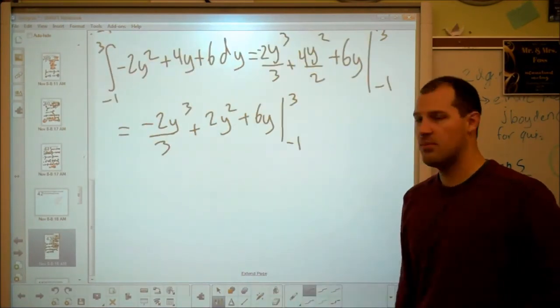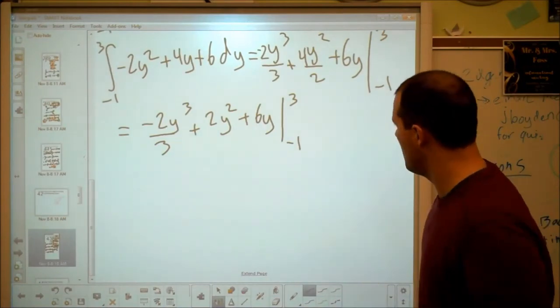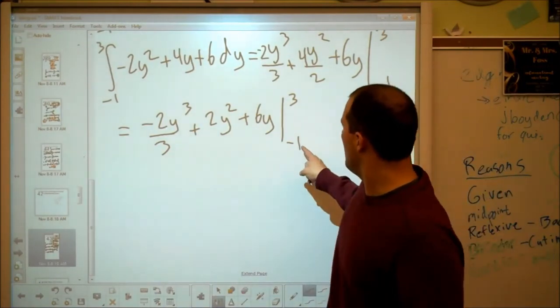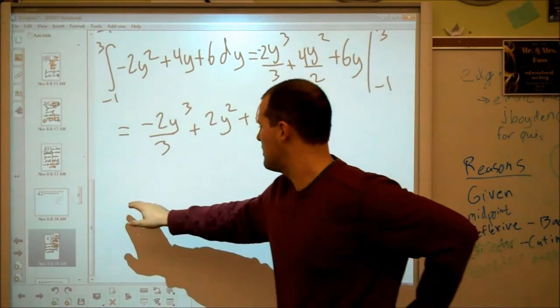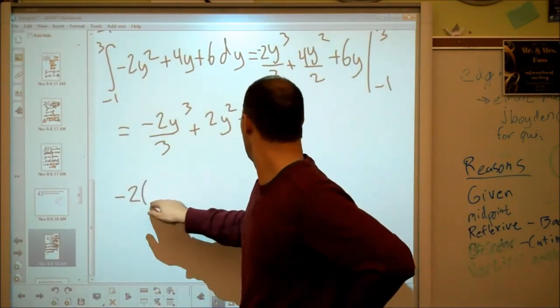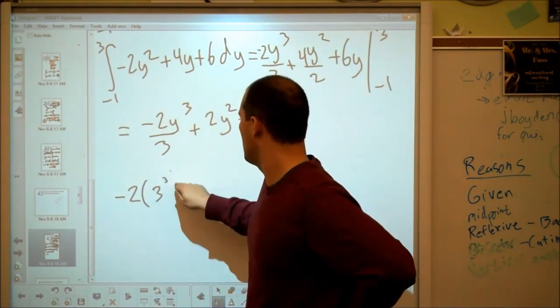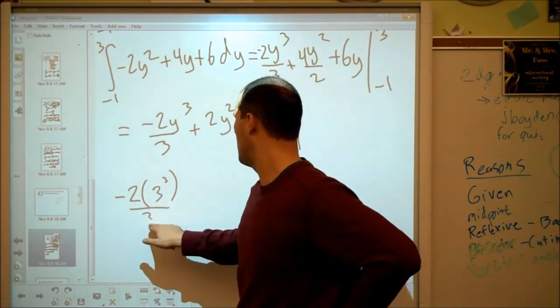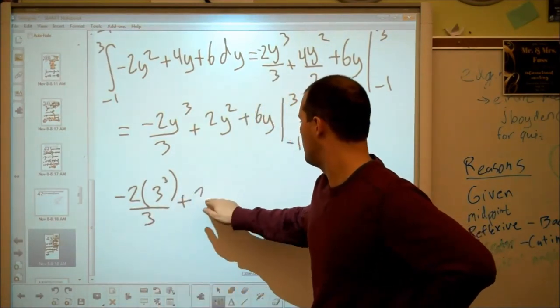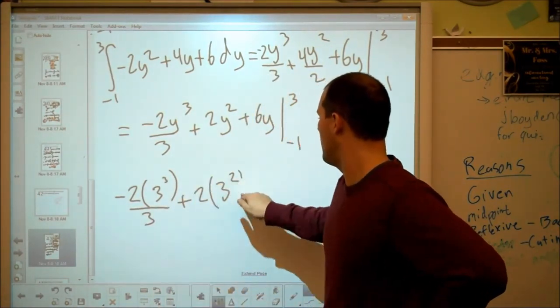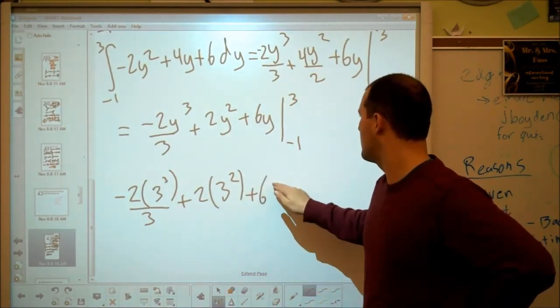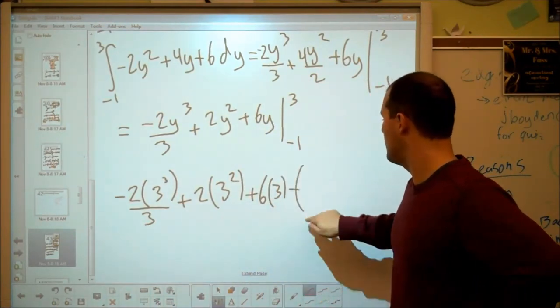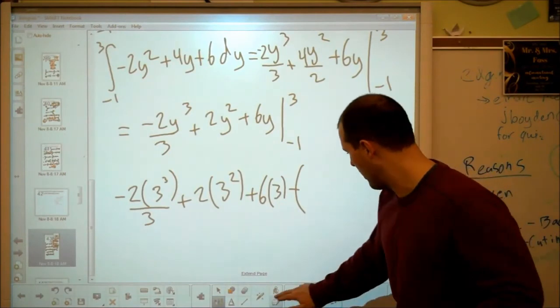Okay, and now let's apply the fundamental theorem, and we're almost done. Here we go. So negative 1 to 3, I'm going to plug in the 3 first, and so I get negative 2 times 3 cubed over 3 plus 2 times 3 squared plus 6 times 3 minus all that same stuff, except we're going to plug in a negative 1.